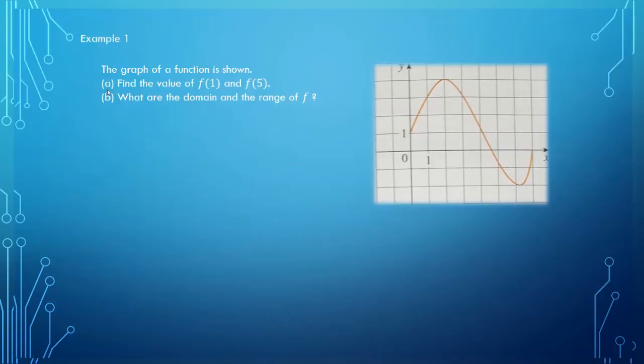Example 1. The graph of the function is shown as you can see here. A, find the value of f of 1 and f of 5.